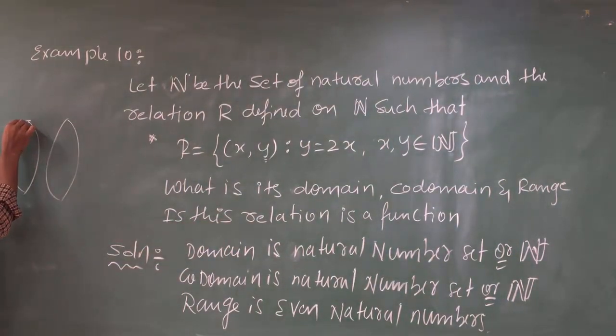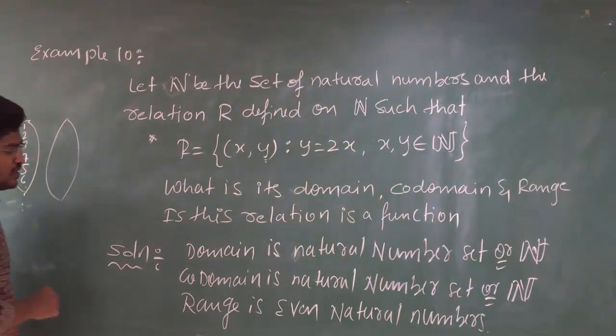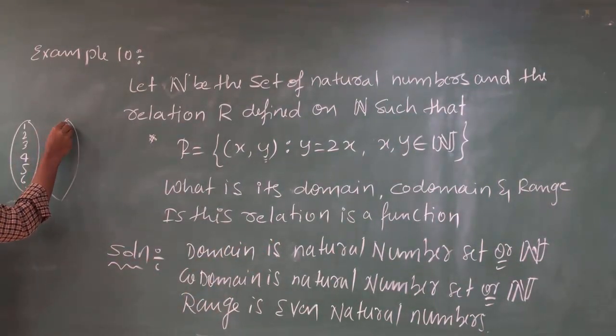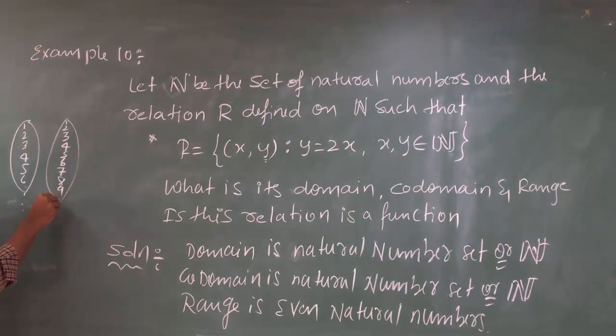So I will write natural numbers 1, 2, 3, 4, 5, 6, and so on. Clear? Next, the codomain is what? The natural number set. I will write natural numbers 1, 2, 3, 4, 5, 6, 7, 8, 9, 10, 12, and so on. Clear?